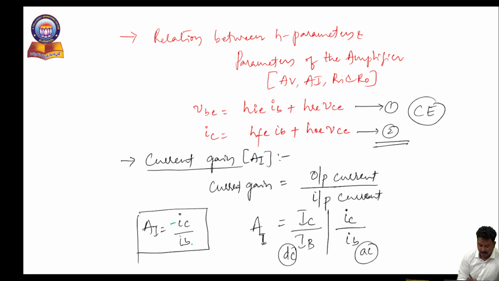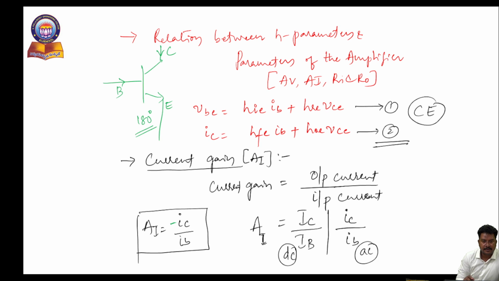Why? Because always input current and output current are in opposite direction. For example, consider this is the common emitter configuration: this is emitter, base, and collector. The input current is base and the output current is collector. Both are in opposite direction, so we are getting a phase shift of 180 degrees. This we already came across in the previous lecture about the importance of H parameters.